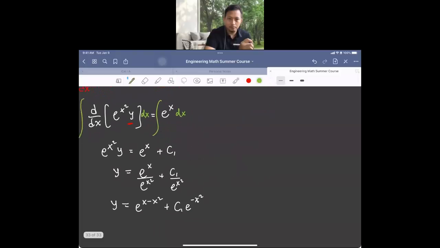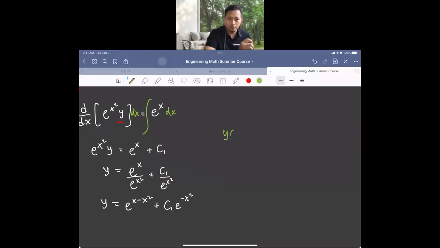And then we have our initial condition, which is y of 0 equal to -1. So y is e to the 0 plus c1 e to the 0, and this will be equal to -1.